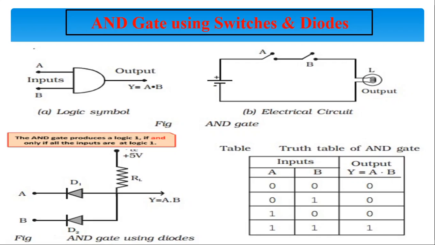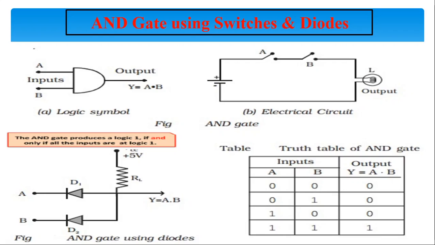Since D1 and D2 are in off condition, there will be no current through the load resistor RL. The output is equal to the supply voltage, that is ideally equal to plus 5 volt or equal to VCC, and therefore the output Y is equal to 1.